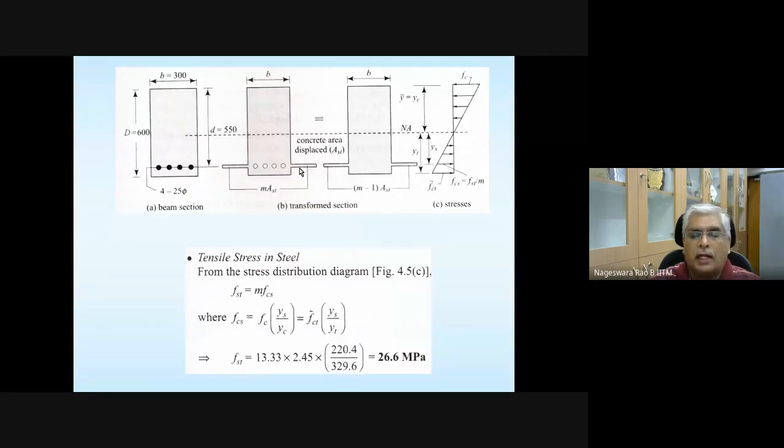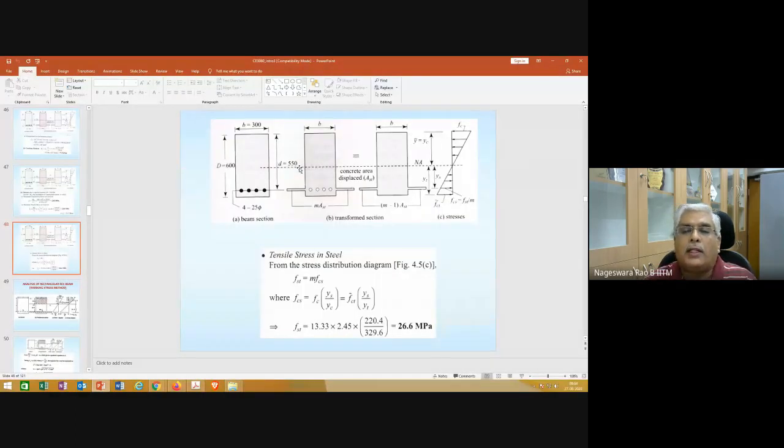The idea of calculating this cracking moment is to check, for a given applied moment, whether a beam cracks, and what kind of transformed cross section we need to consider. Yesterday we went through all this exercise, and at the end we also calculated stresses in concrete at the top fiber as well as at the bottom fiber.